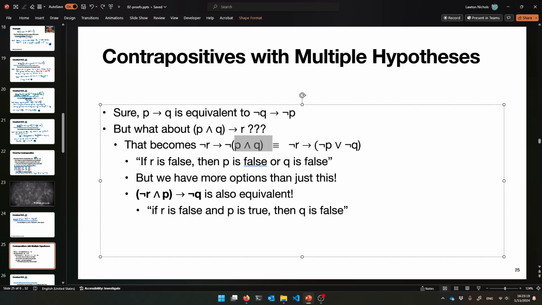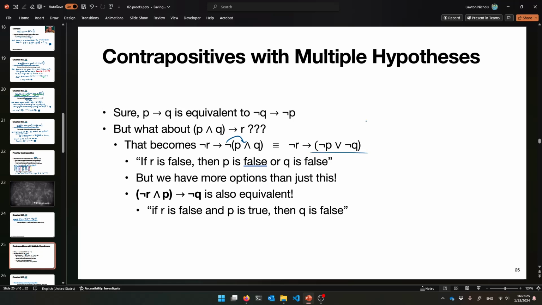Using De Morgan's law, shove that negation inside, and you get not R implies not P or not Q. Does that make sense? That's equivalent to P implies not Q. Prove to yourself that that's true.